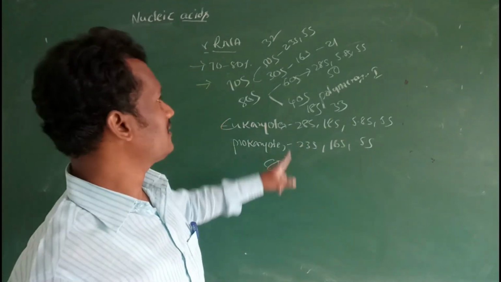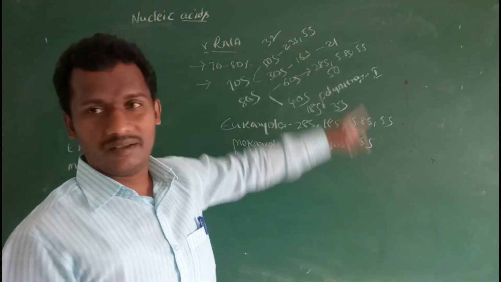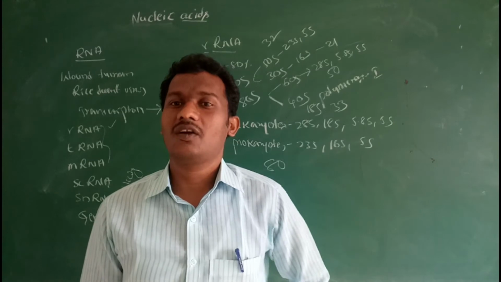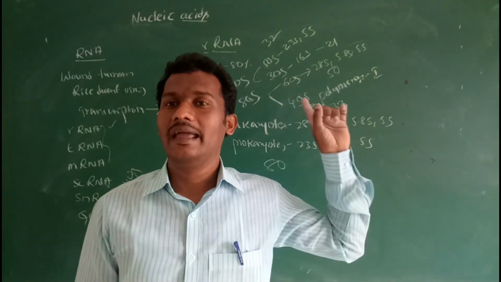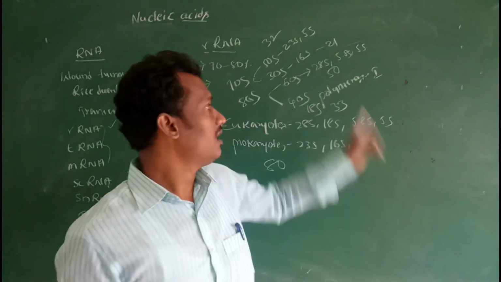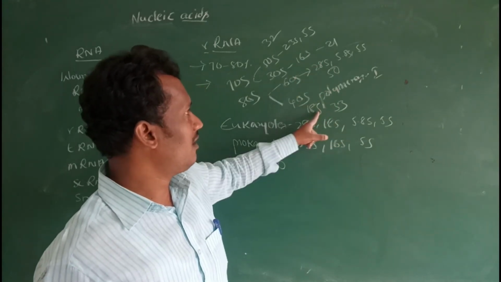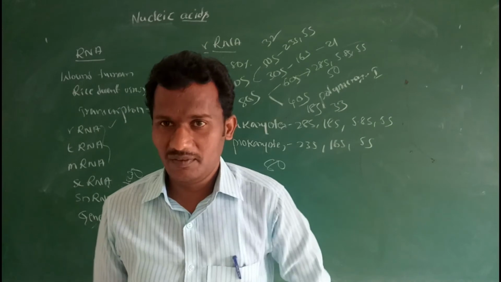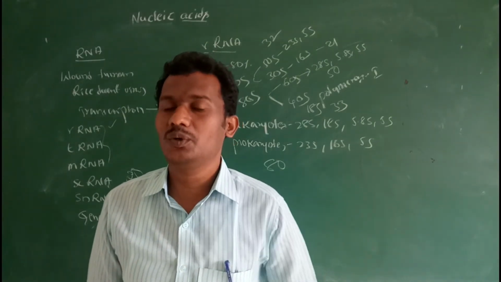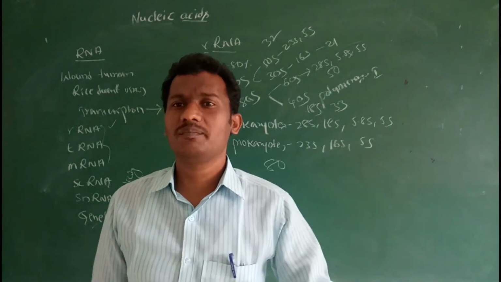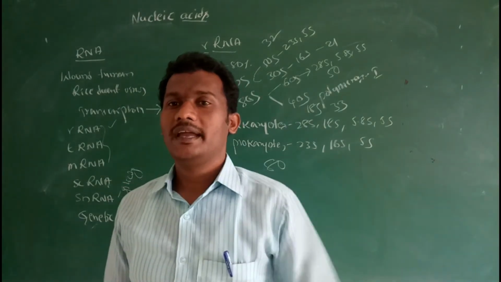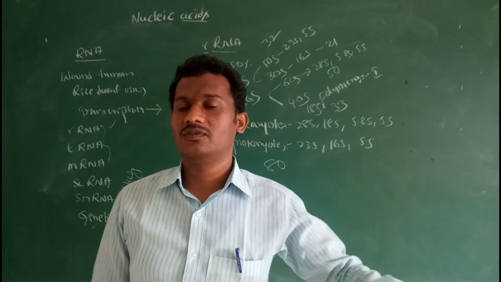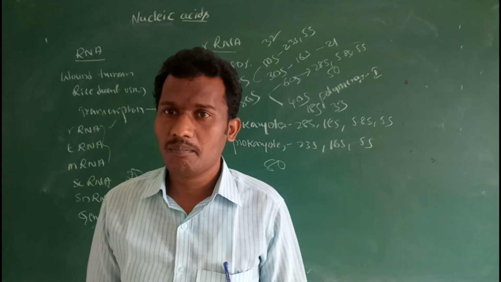In prokaryotes, 16S in the smaller subunit has a complementary sequence with the mRNA region. This 18S rRNA, 16S rRNA with 33 and 21 different types of proteins is useful for the smaller subunit of ribosomes to bind with mRNA during the translation process.